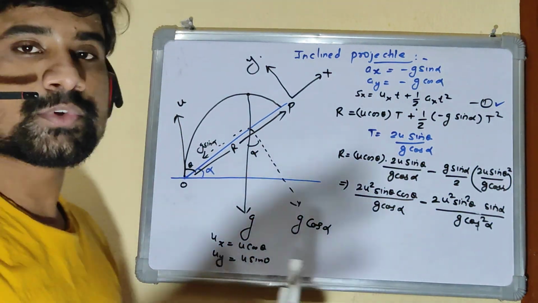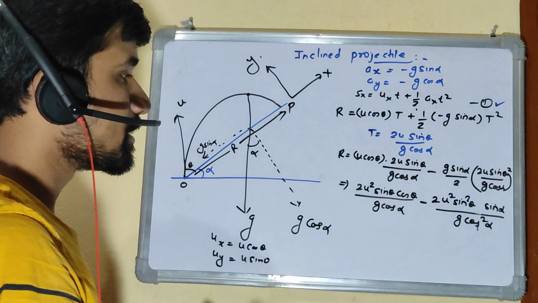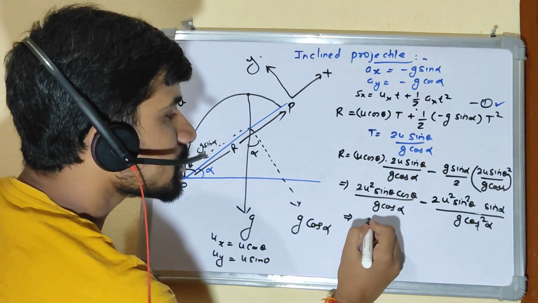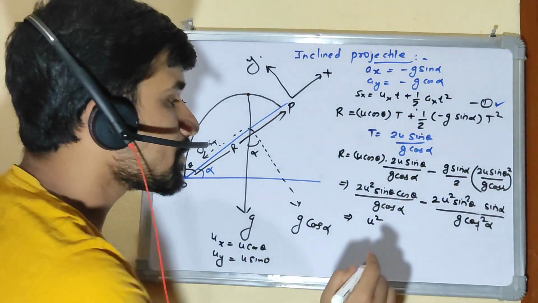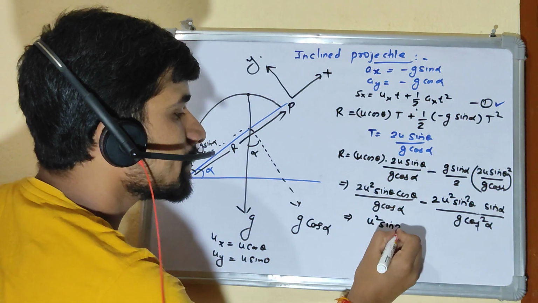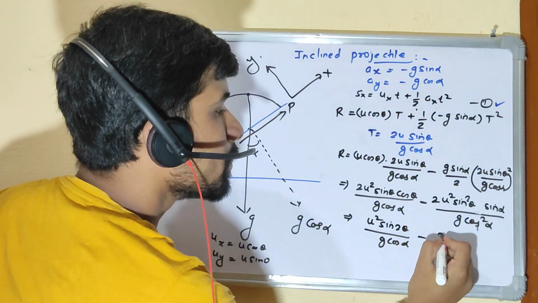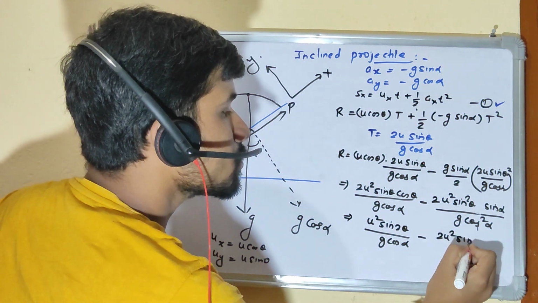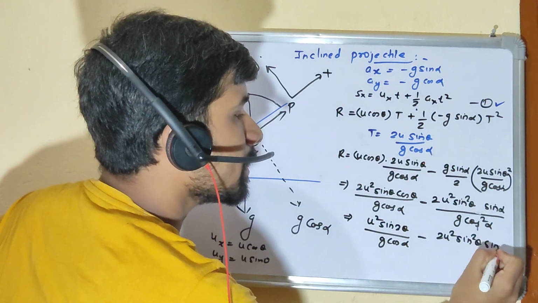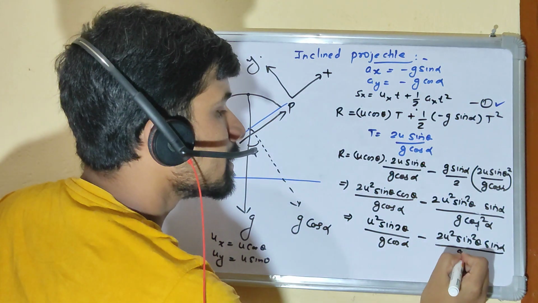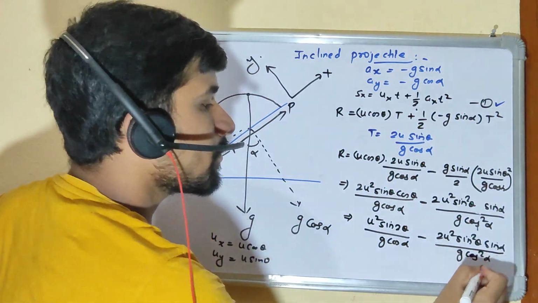Now let's see what we can take common and what we can achieve. If I write it properly, u square 2 sine theta cos theta becomes sine 2 theta, by g cos alpha, and this is again the same, which is 2u square sine square theta sine alpha by g cos square alpha.